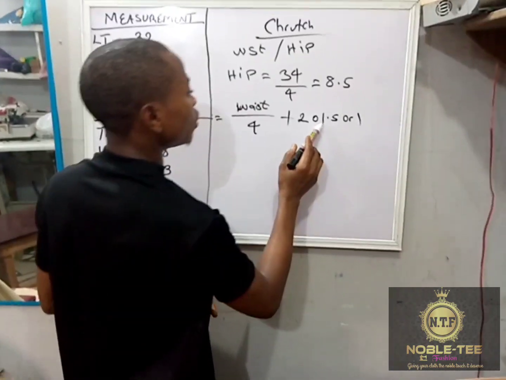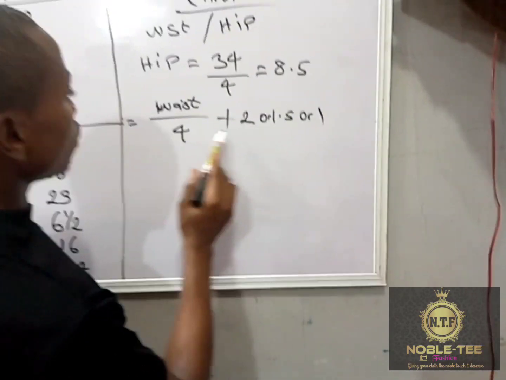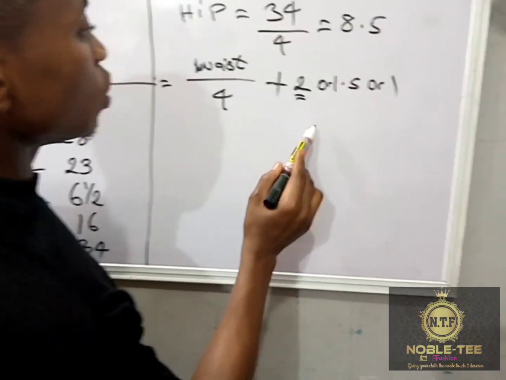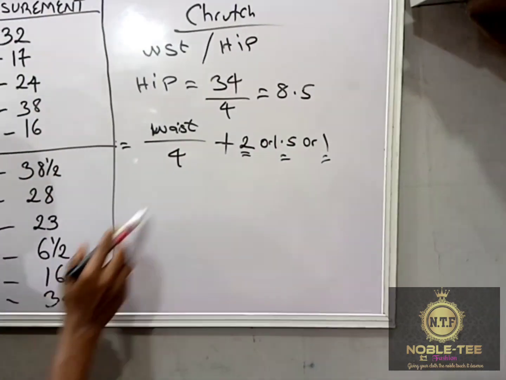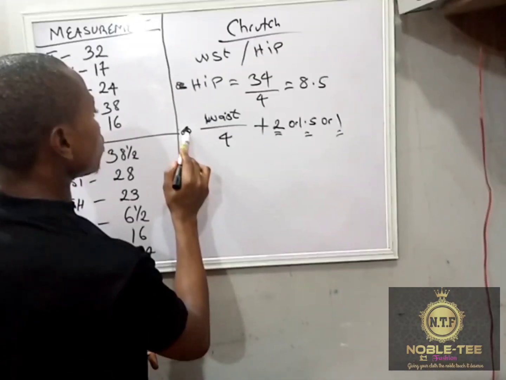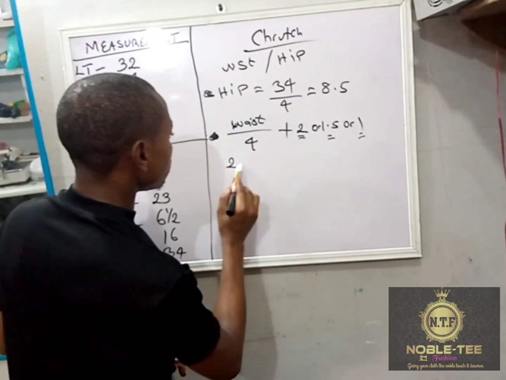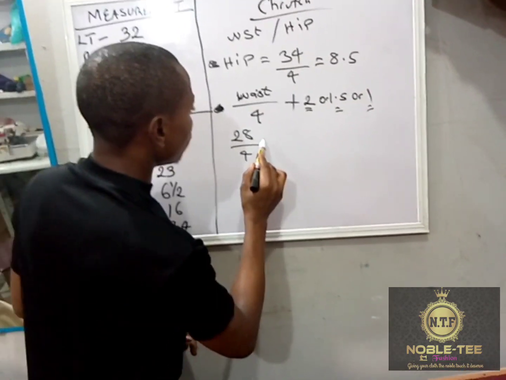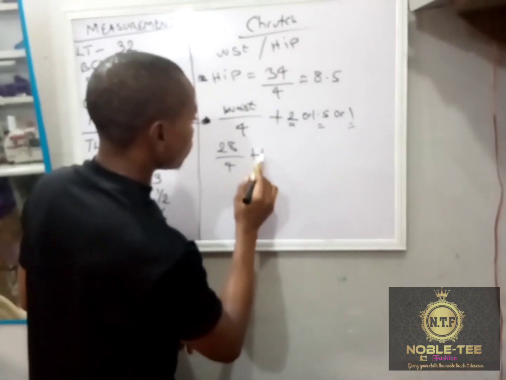This depends on how fitted you want your trouser to be. You can add 2, you can add 1.5, and you can add 1 to it. So now let's use this. Some people use this method, while some also use this formula. So the waist now is 28 divided by 4, but for this I'm adding 1.5.